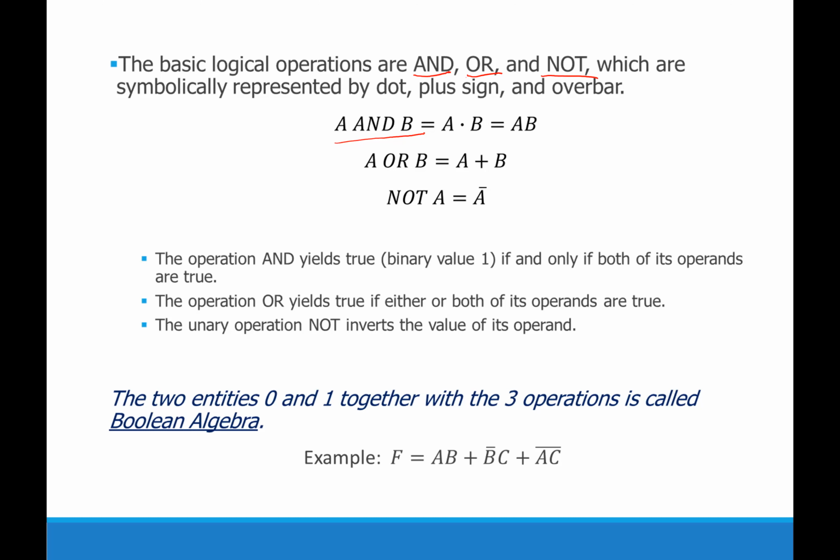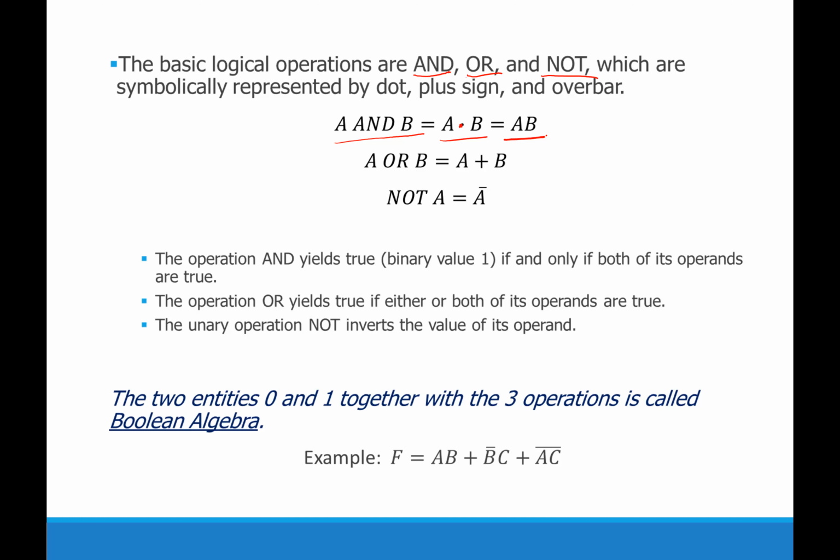By using this dot, we represent the AND operator. This is also equal to just A B. Without using the dot, we can also represent the AND operator. Both are correct. That is the way we represent the AND operator.